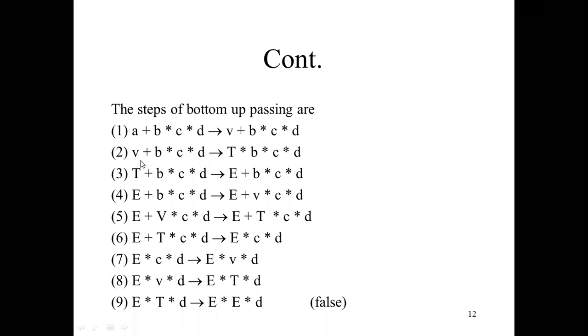Now come to step 2. Now what we are doing here: V plus B star C star D. Now you can see this V, how many options do we have for this V?